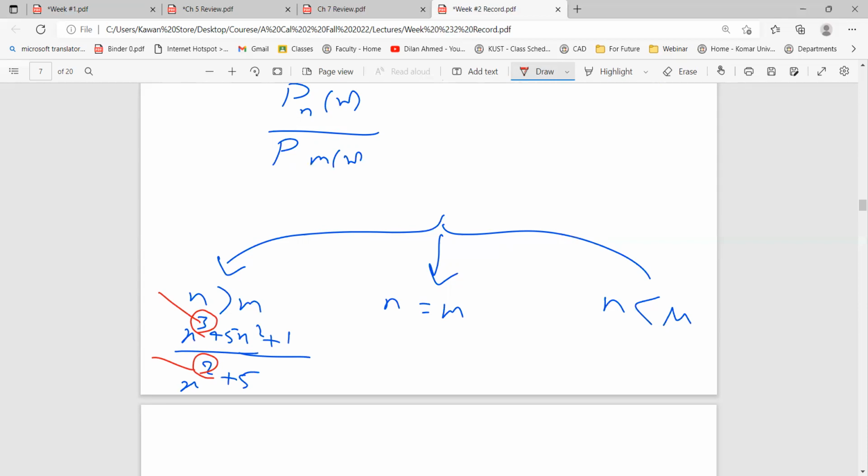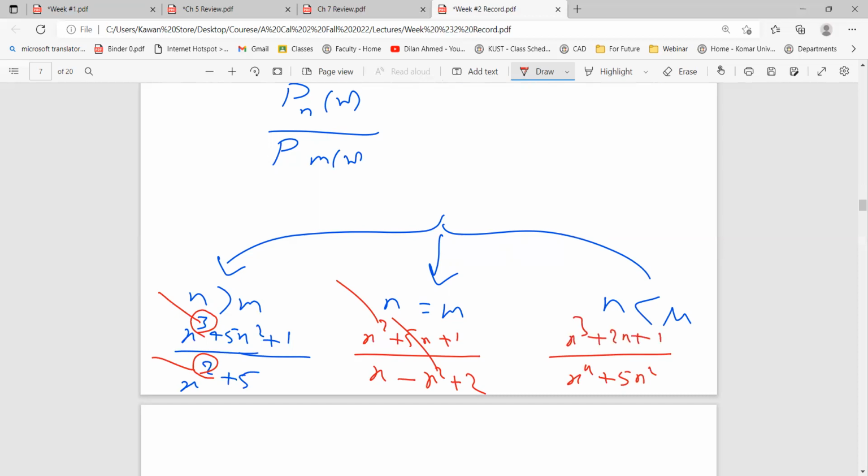How about the second case? We have, for example, 5x plus 1 over x minus x squared plus 2, right? So you can see n and m are equal. How about the third one? The denominator is greater. For example, x to power 4 in the denominator is greater than x to power 3.